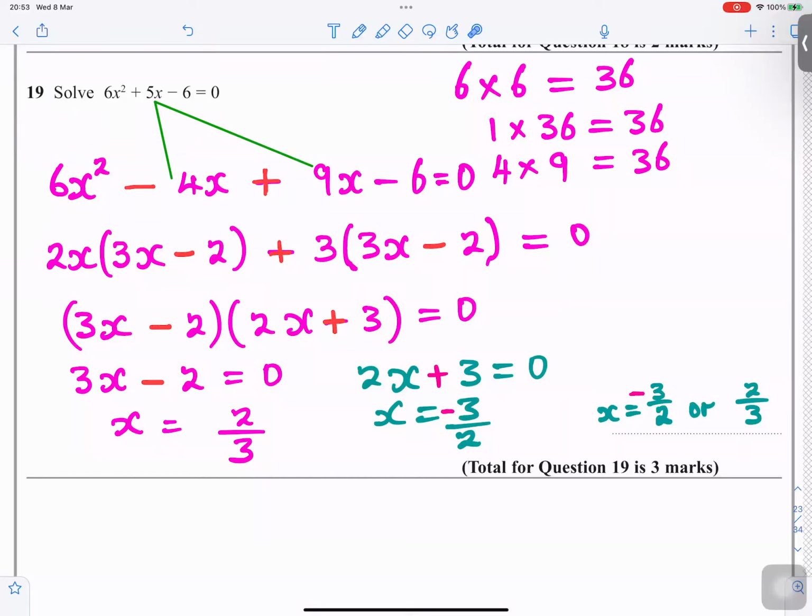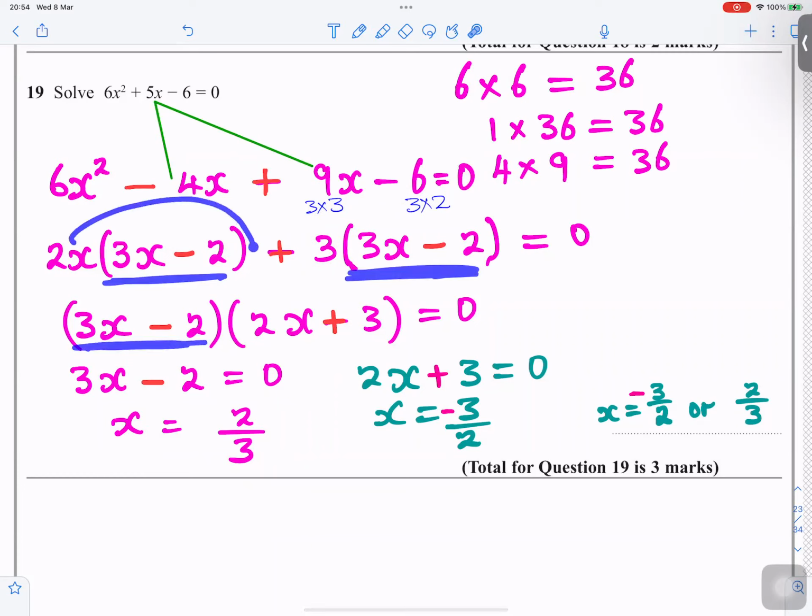And for the next one, 9 is the same as 3 times 3 and 6 is the same as 3 times 2. So you take 3 out, 3 out. You're left with 3x, and then you're left with 2. Now, what is common there is 3x minus 2, 3x minus 2. So you factorize again. So you take 3x minus 2, you're left with 2x, and you're left with 3. Don't forget the plus sign.